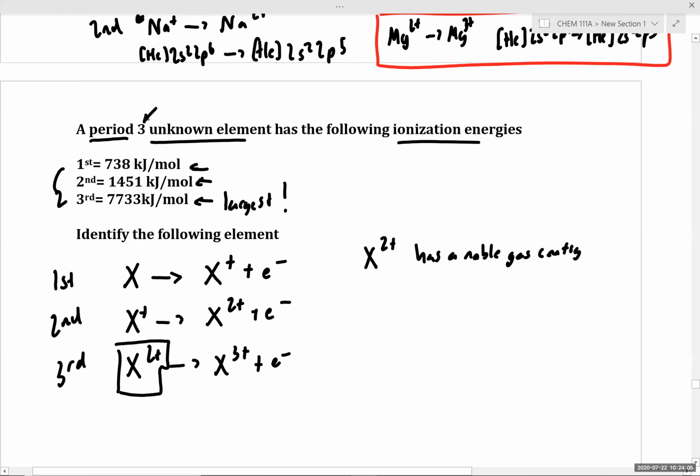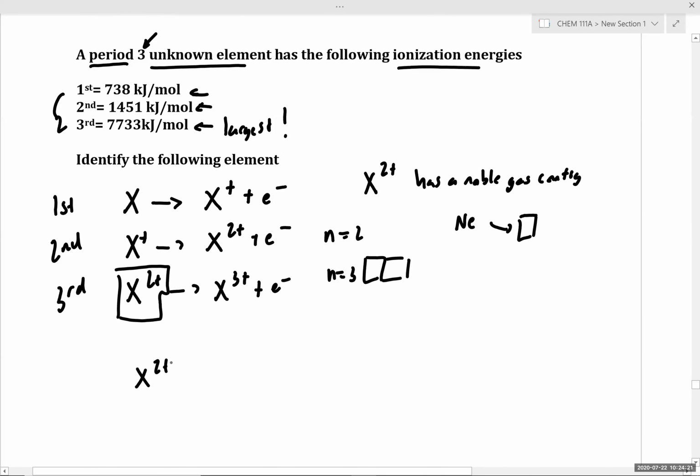Since we know that we have a period 3 element, we look in the periodic table and we find the preceding noble gas. In this case, the preceding noble gas is neon. So we are able to deduce that X2 plus has a configuration of neon. And now if we want to go from X2 plus to X, we simply add 2 electrons.